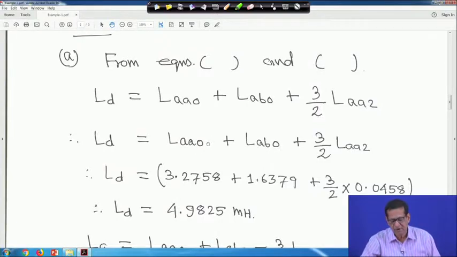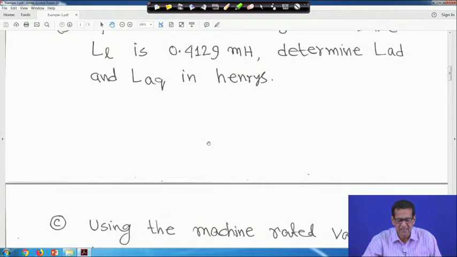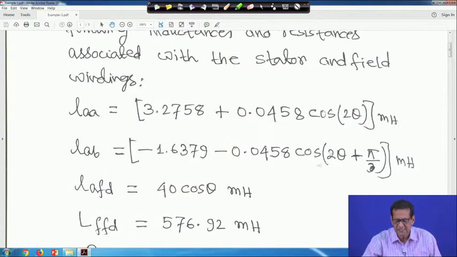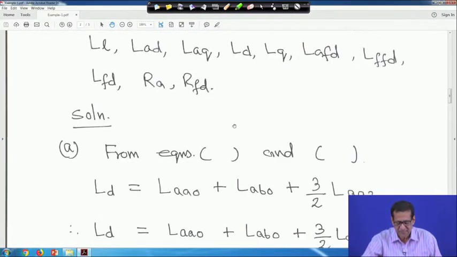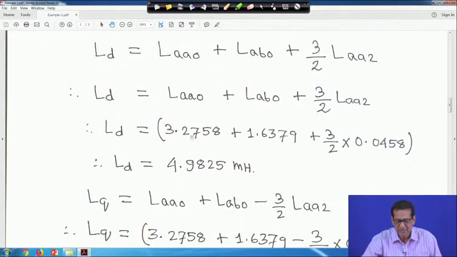Now from this data only, just go back to equation 60 and see all the quantities there. So you will get LAA0 3.2758, then LAB0 1.6379, and then 3 by 2 into LAA2 0.0458. So just directly you substitute.